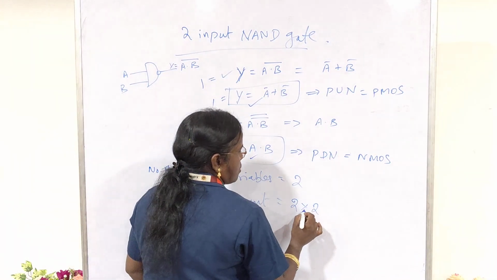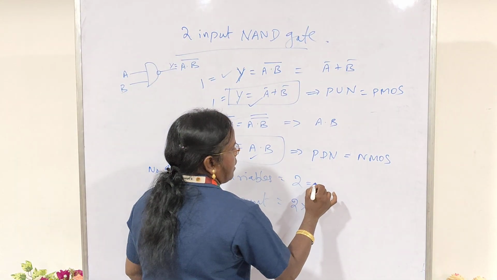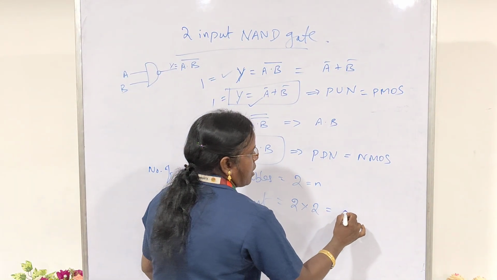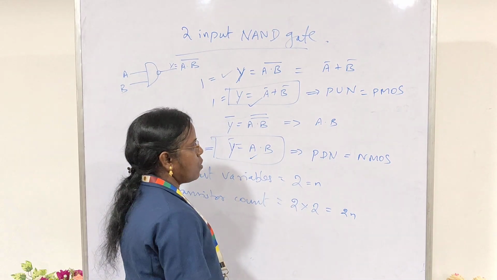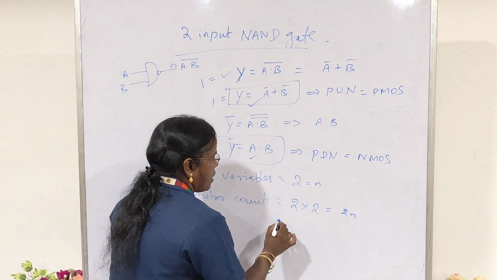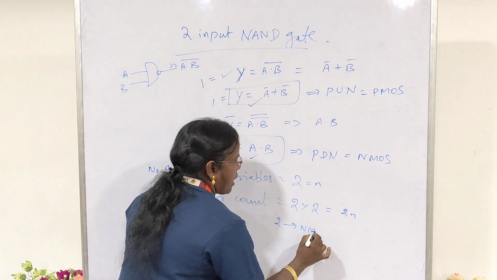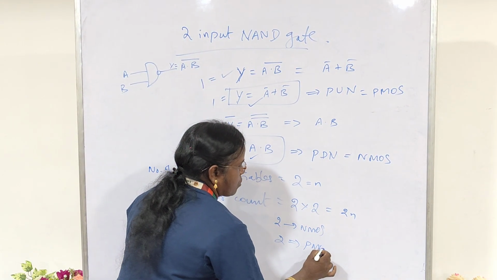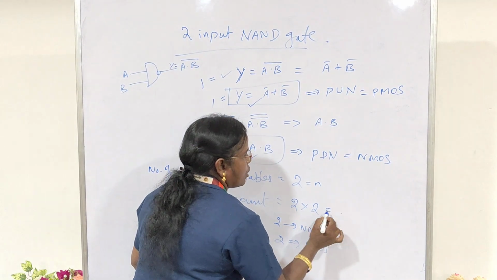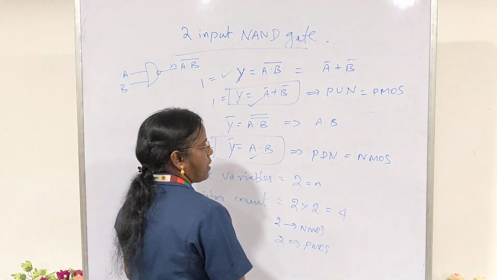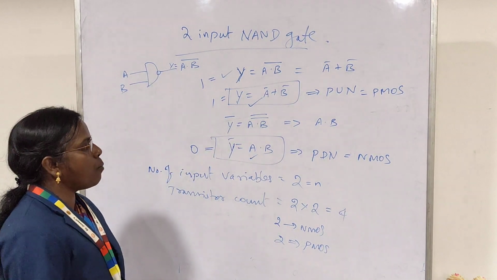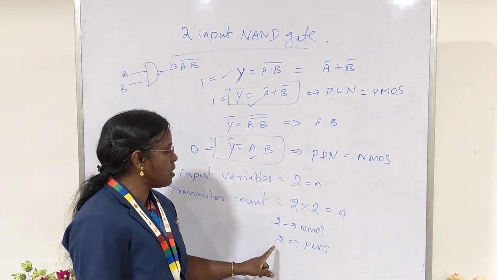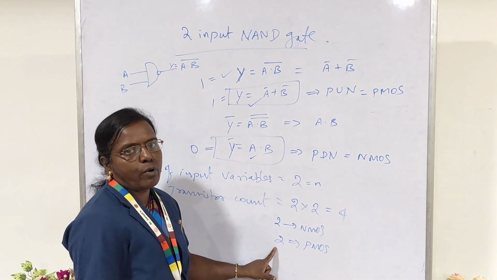So in this case, n is 2, and your transistor count will become 2n. So here 2 NMOS and 2 PMOS we have to use. Totally we are using 2 into 2, 4 transistors. Among these 4 transistors, 2 must be NMOS transistors and 2 must be PMOS transistors.